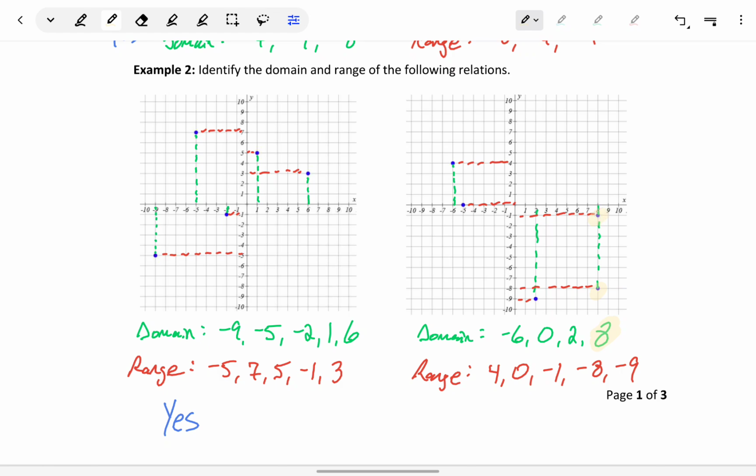At x equals -8, we have two different y coordinates because that point exists at two different places in space. We have -1 and -8. So since we have the same x value paired with different y values, then no, this relation is not a function.